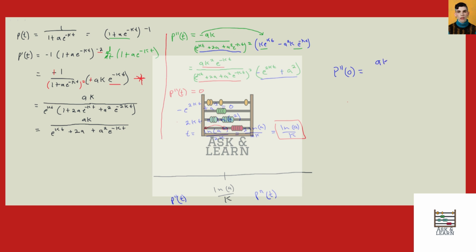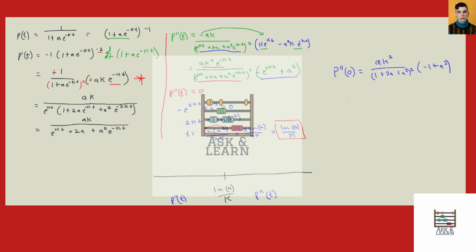So ak squared all over (1 plus 2a plus a squared) all squared. And then plugging it into that other part, we'll have negative 1 plus a squared.